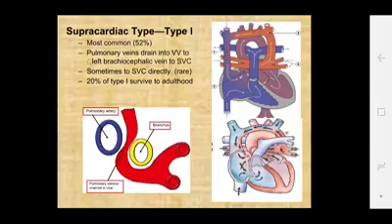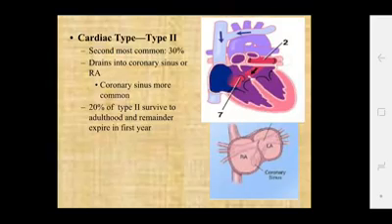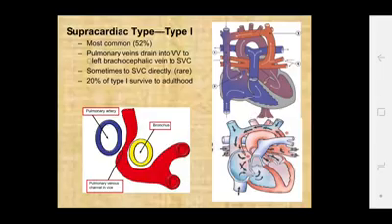The supracardiac type is the most common type. It represents 52% of the cases, and the pulmonary veins here are displayed in red color. I'm sorry, the touch screen usually does like this.